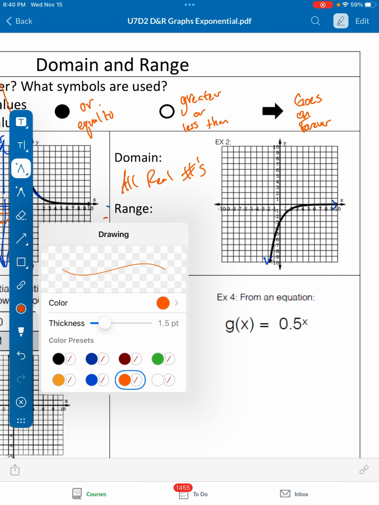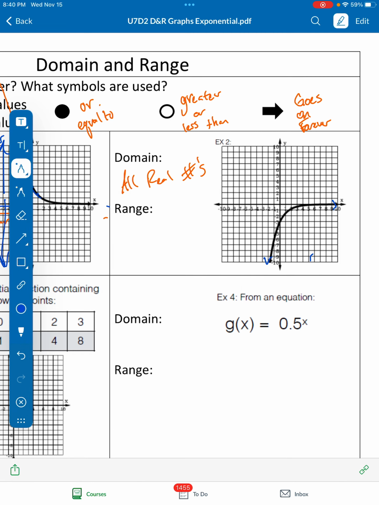And then the range, again, the asymptote is still at 0. So we know it's going to be y and it's going to be 0. Right, that's where we get the 0 from. It's because that's the y value of 0. And then how do the y values on this line compare to 0?